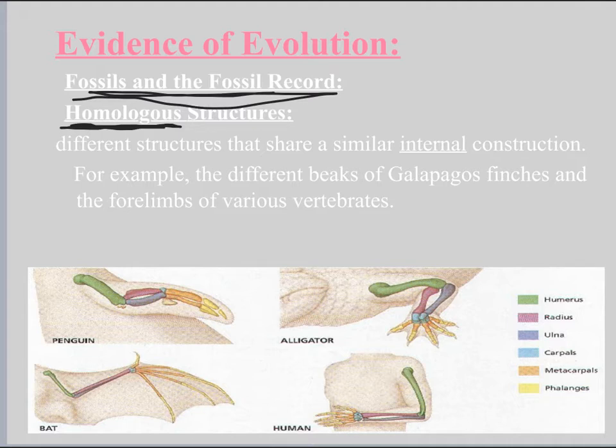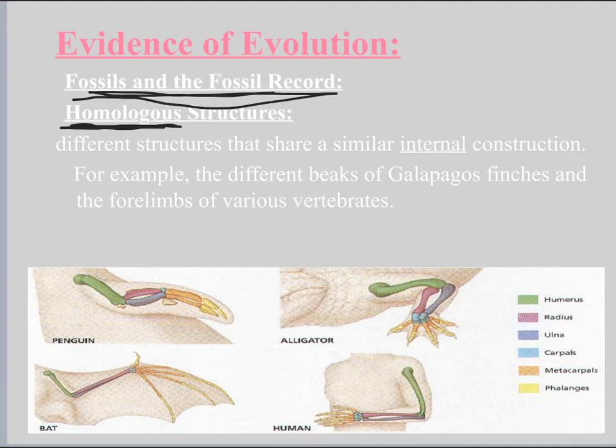So these are structures that can have completely different functions from one organism to the next, and on the outside can look very different, but when you get into the actual bone structure and the anatomy, they are very similar. So the beaks of the Galapagos finches, we talked about that last lecture, how the bodies of the birds were all very similar, the whole bird was essentially the same except for those beaks.